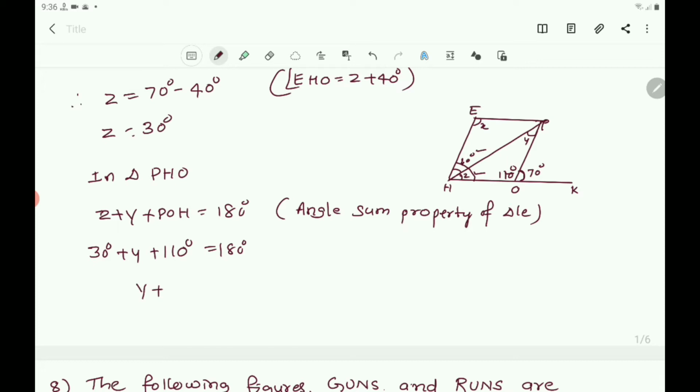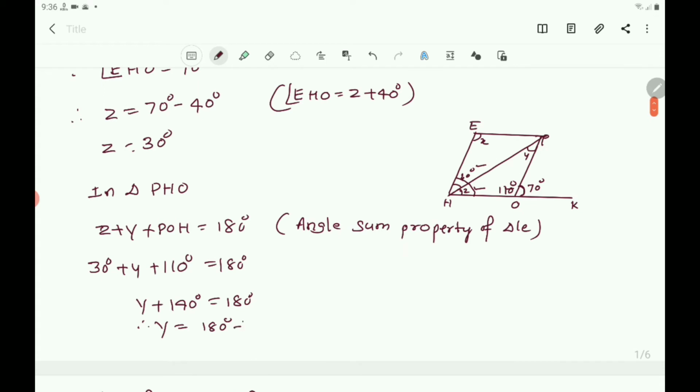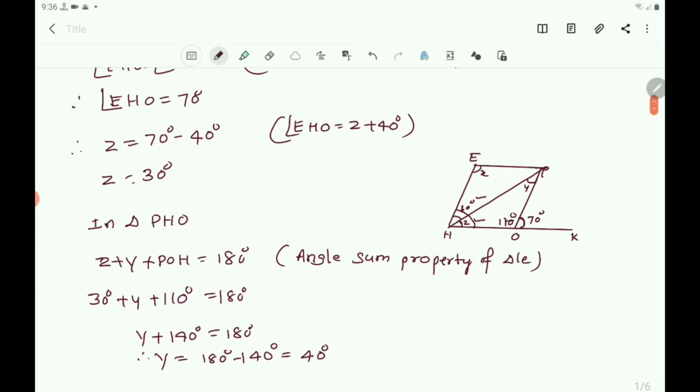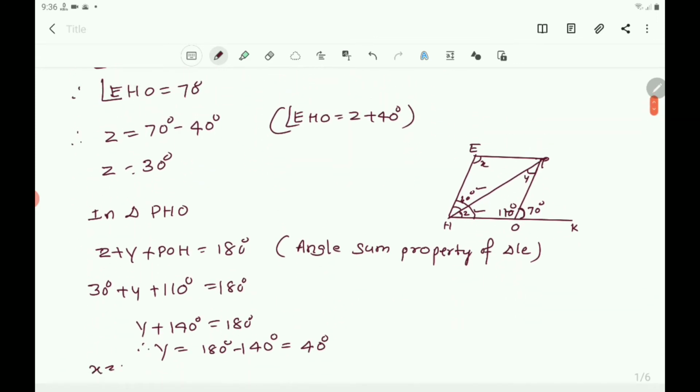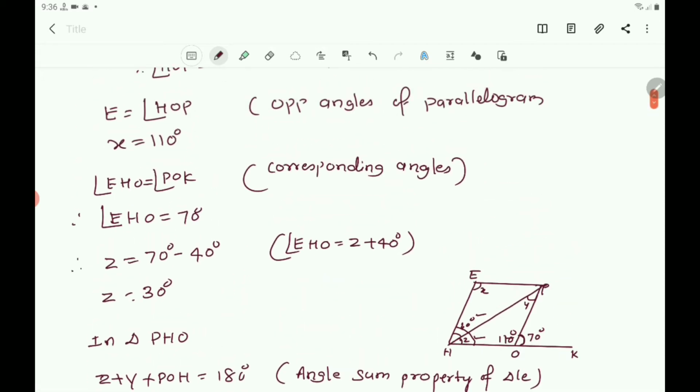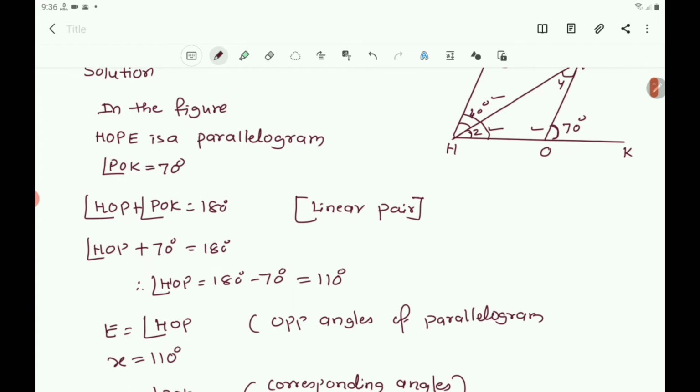That is y plus 30 plus 110 is 140, equal to 180 degrees. Therefore y is equal to 180 degrees minus 140 degrees, that is equal to 40 degrees. In this way you got x equal to 110 degrees, y is equal to 40 degrees, and z is equal to 30 degrees. That is the solution for the first question.